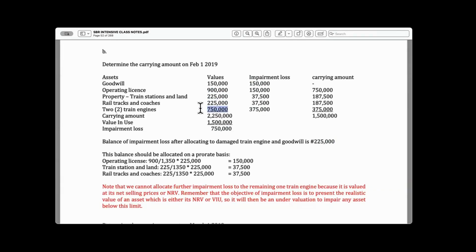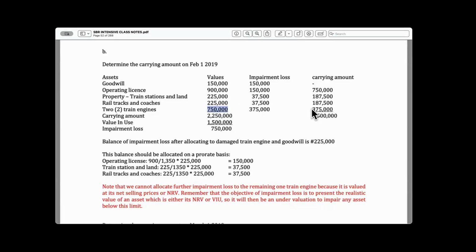However, since this train engine is valued at net realizable value, I cannot impair it further. I cannot allocate further impairment loss to it because that is its net realizable value, its recoverable amount.